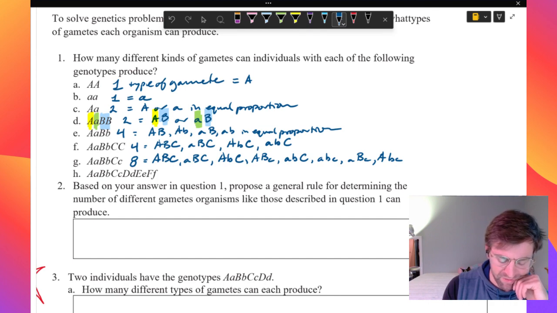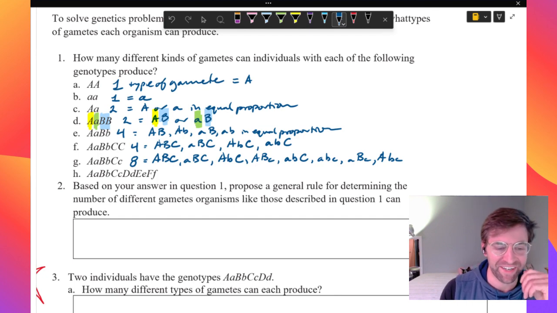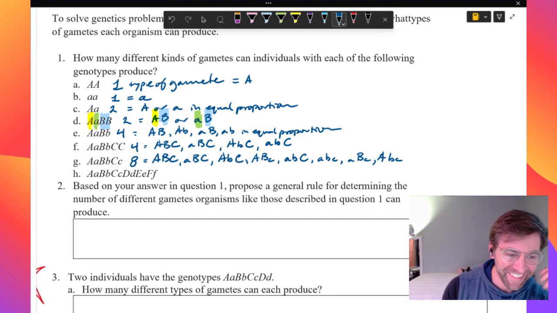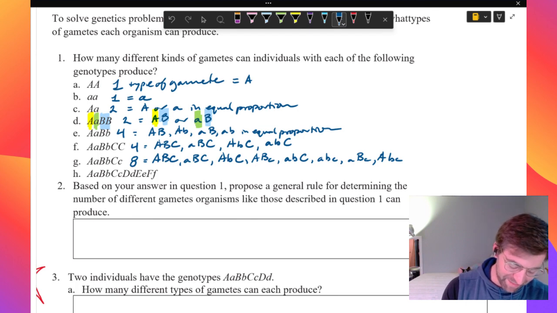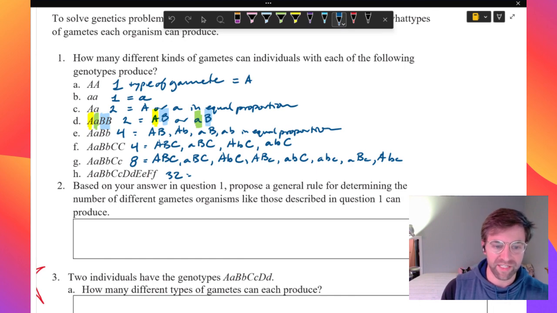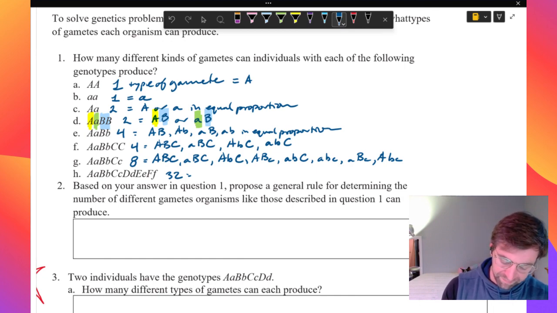It'd be 3 times 4. Sorry, I'm tired, y'all. It's not times 2 even. It's times 4. You would end up with 32 different kinds of gametes all in equal proportions.